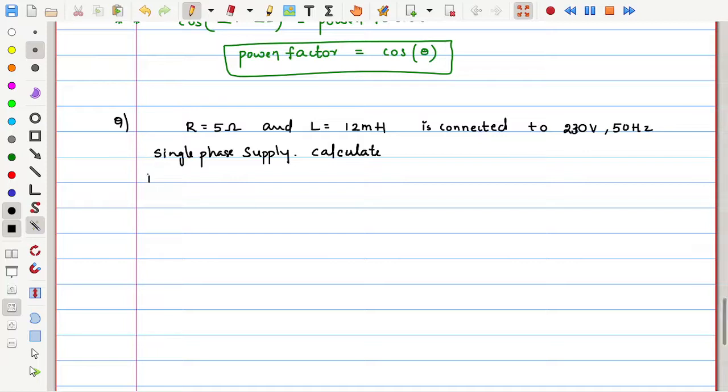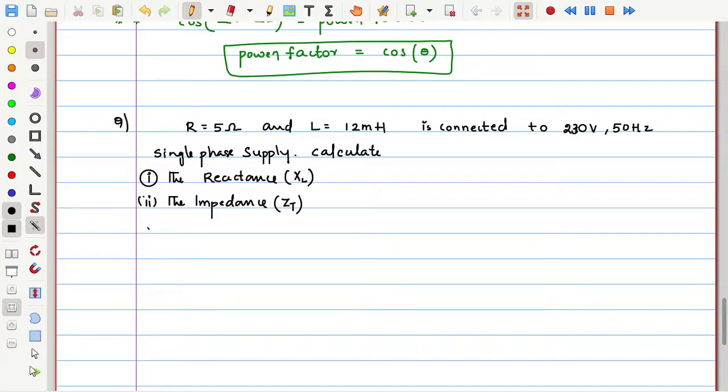What we need to do is calculate the reactance. Reactance of what? Inductance. Next is the total impedance. Impedance means ZT, reactance means XL.